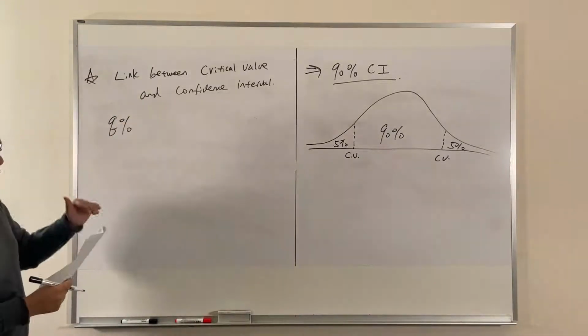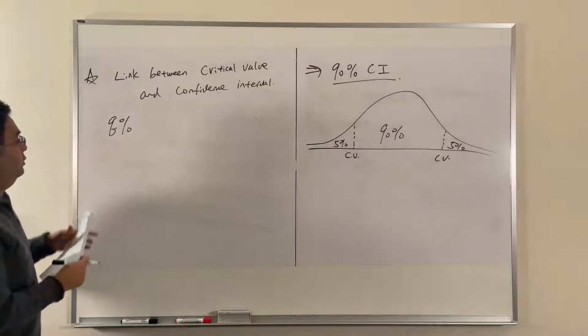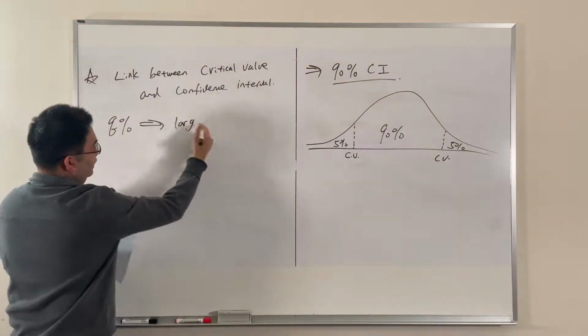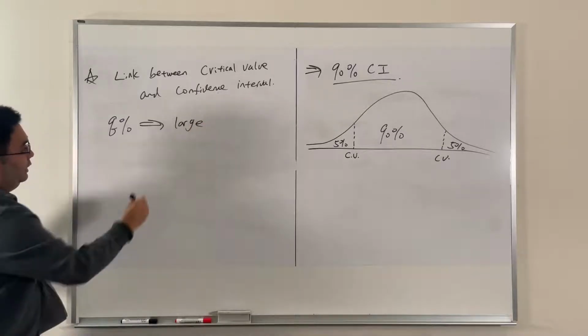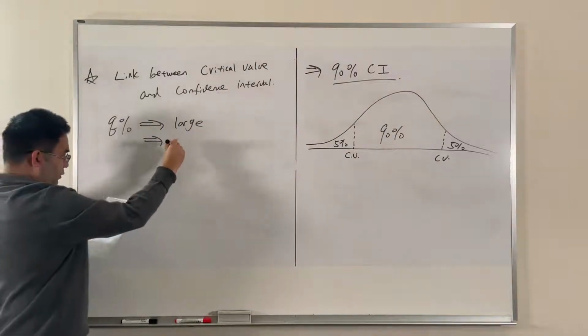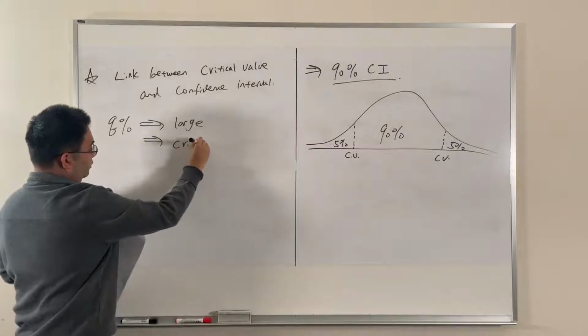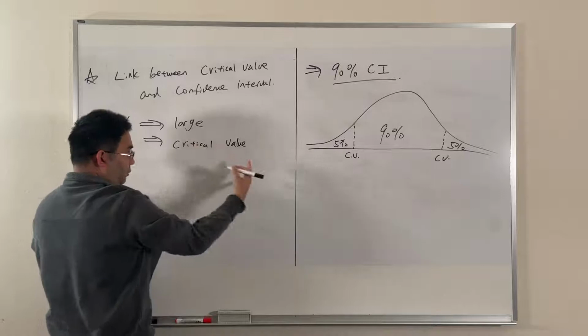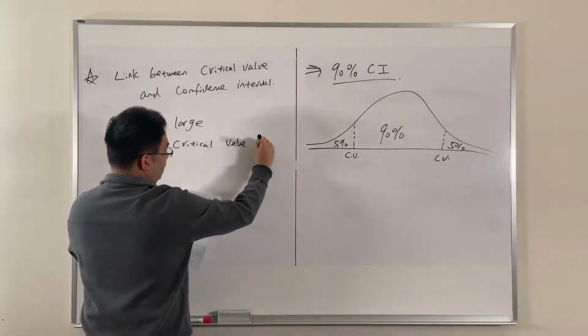If we have Q% and as this value gets bigger, so if this value gets large, then your critical value will also be large, right?